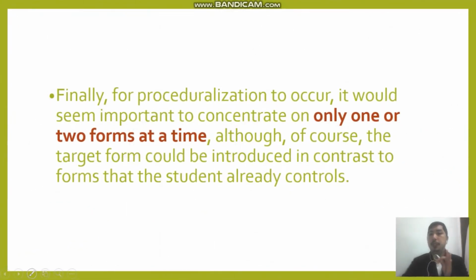Finally, for proceduralization to occur, it would seem important to concentrate on only one or two forms at a time. So you cannot teach a number of forms, a number of rules at a time, but you can just focus as a teacher on one or two forms.